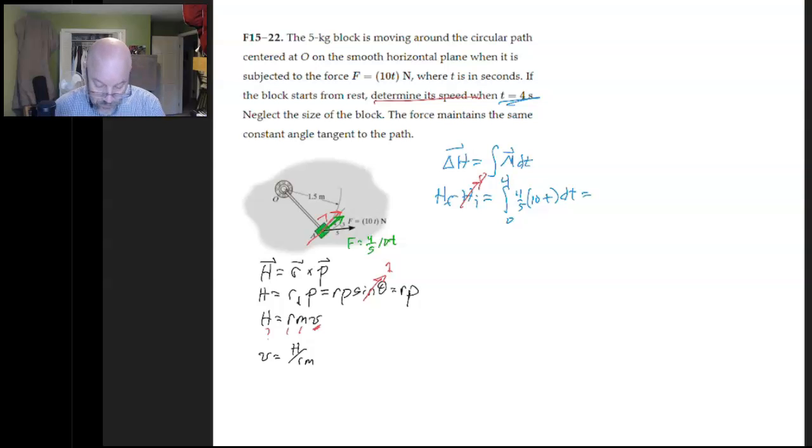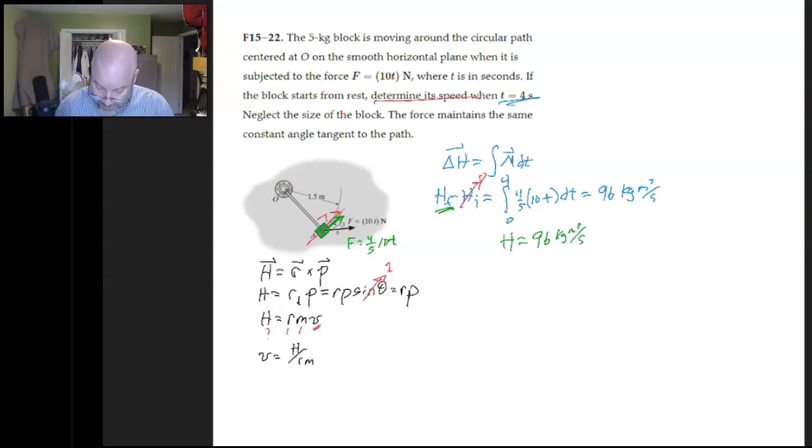However you want to evaluate that integral is cool. I don't really care, but we're going to get 96. Crazy units again, kilogram meter squared per second, but that is our value for H. So H is 96.